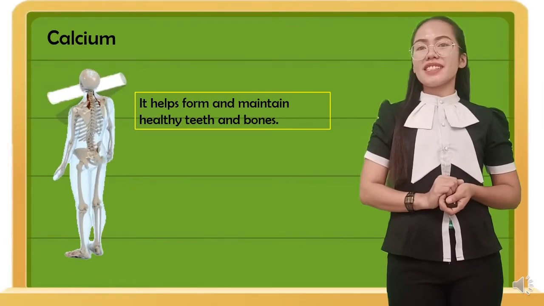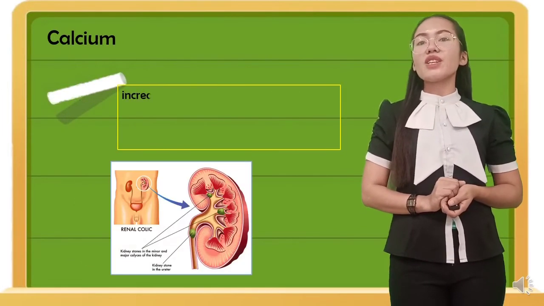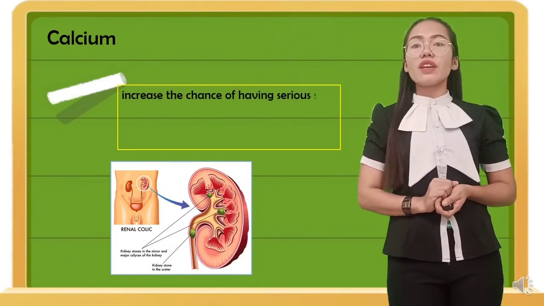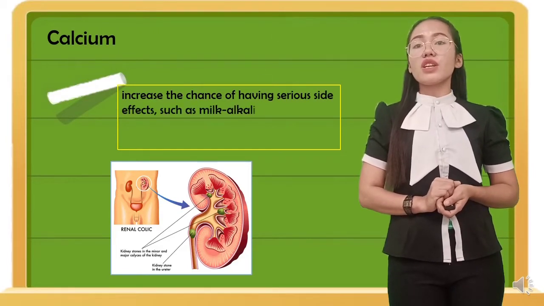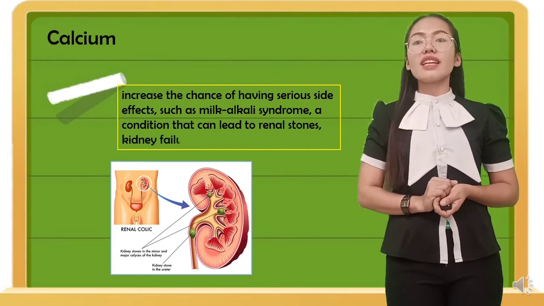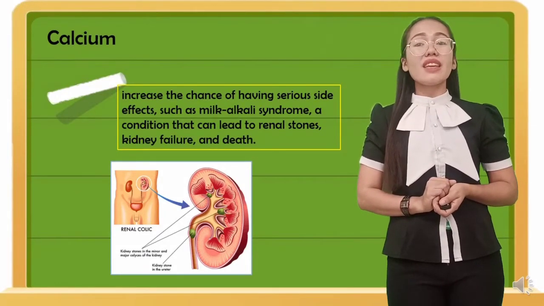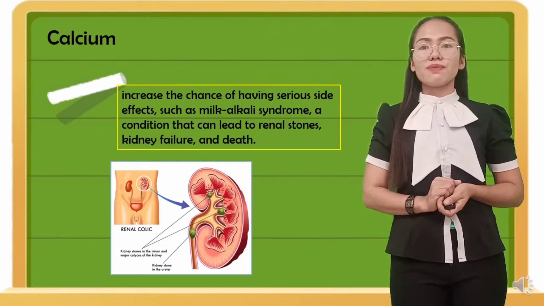Yes, there is. Taking more than this amount of calcium daily can increase the chance of having serious side effects such as milk alkali syndrome, a condition that can lead to renal stones, kidney failure, and even death.